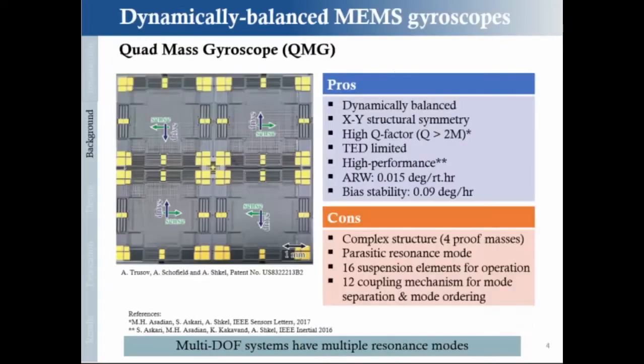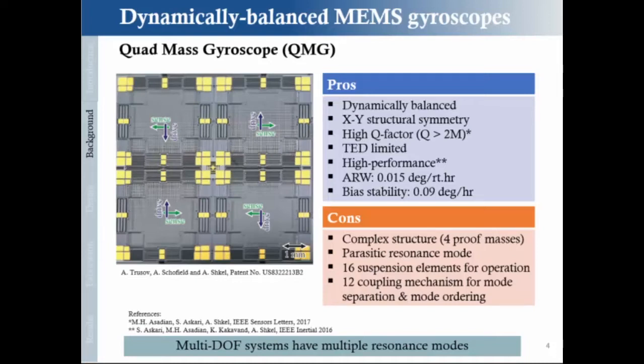We've been working for probably 6 to 8 years now on a quadruple mass gyroscope, and this is an example of a successful implementation of this dynamically balanced architecture. What we have in this design is 4 masses. They're driven intentionally in antiphase, like two forks moving in antiphase.